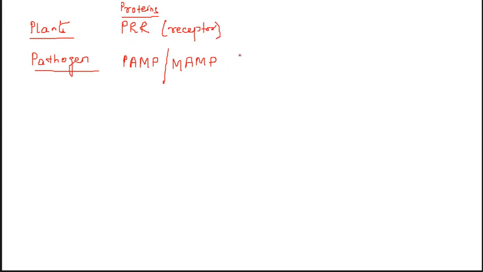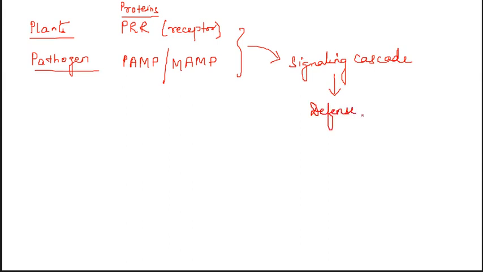There is a signaling cascade. What will this signaling cascade ultimately lead to? This will activate some defense related genes, which will help in the defense response.